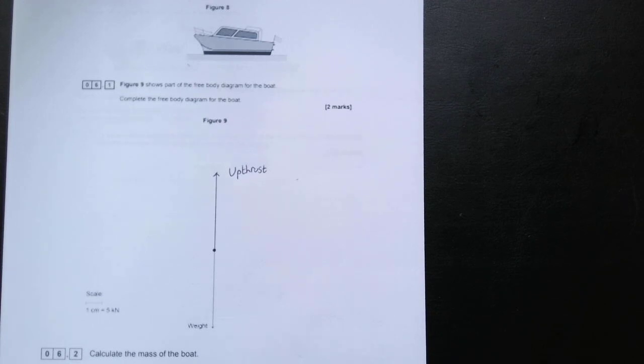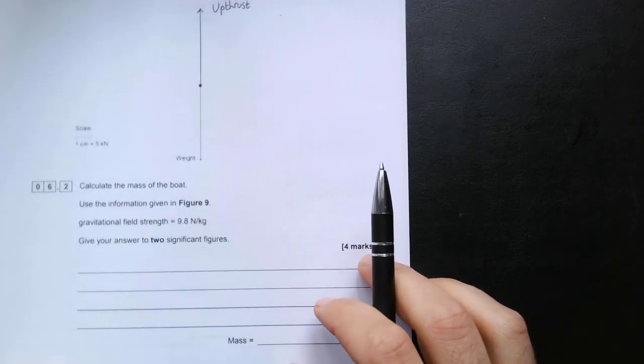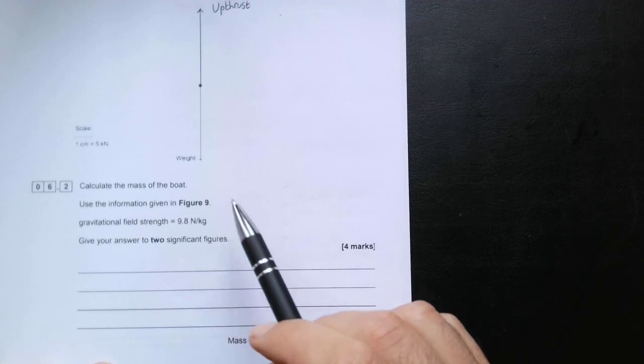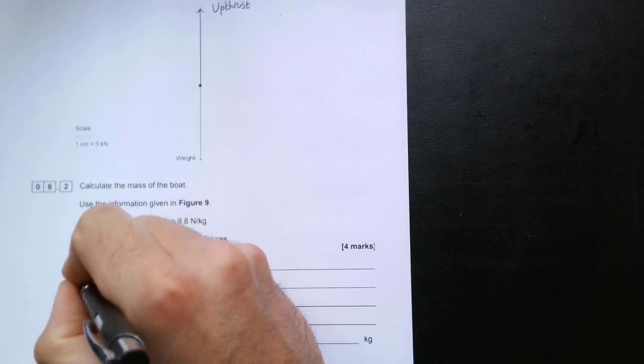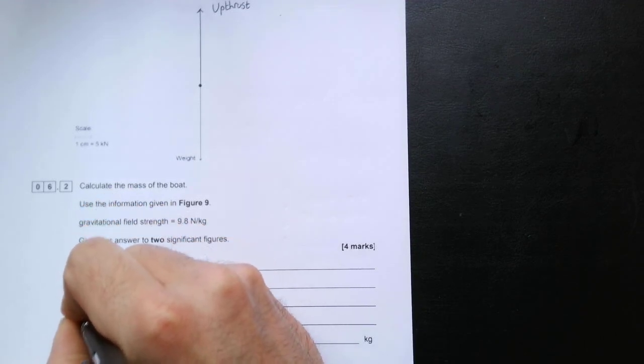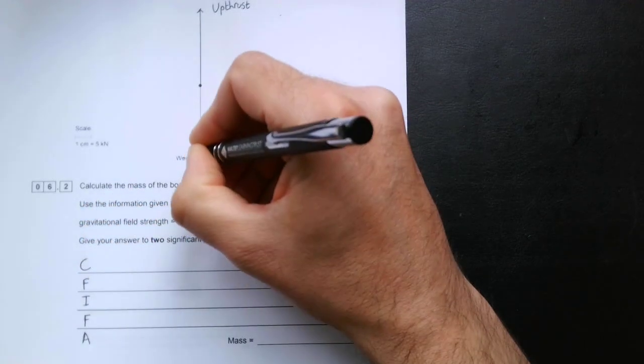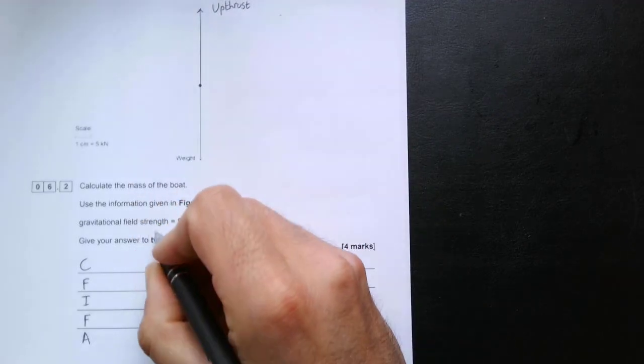It says, just here, calculate the mass of the boat, use the information in figure 9, gravitational field strength is 9.8. So this is exactly the same as what we did before, but we'll have to get the equation ourselves. So it's C FIFA, and we've got to think, right, what have we got? Well, we've got weight and we've got gravitational field strength.